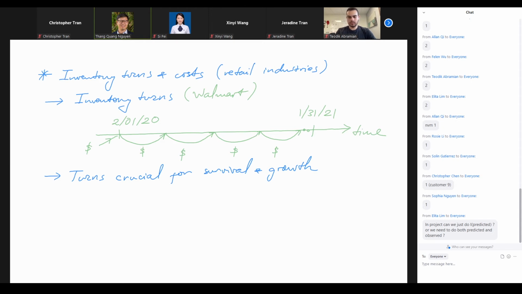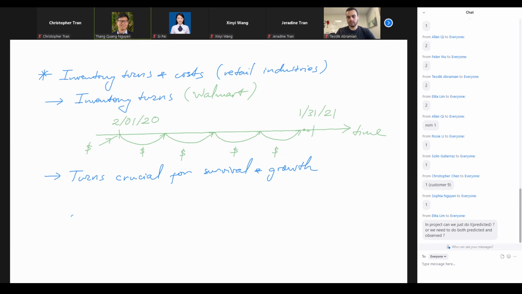So the more turns you have, the more revenues that you have so that you can survive, right? If we do not have enough turns, or everybody else turns it faster than you, then you're gonna lag behind. Possibly someday you might need to go out of the market, right? So that's why the turns are crucial for survival and also for growth.